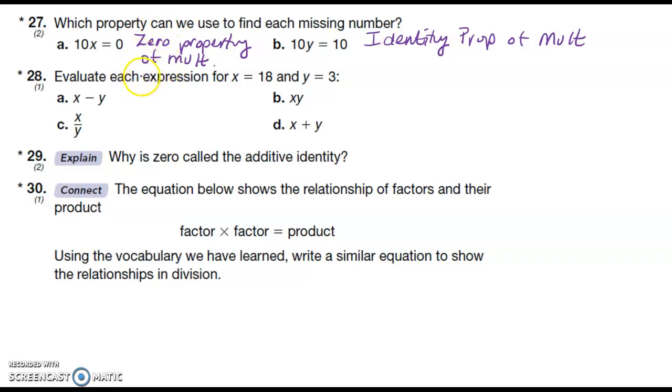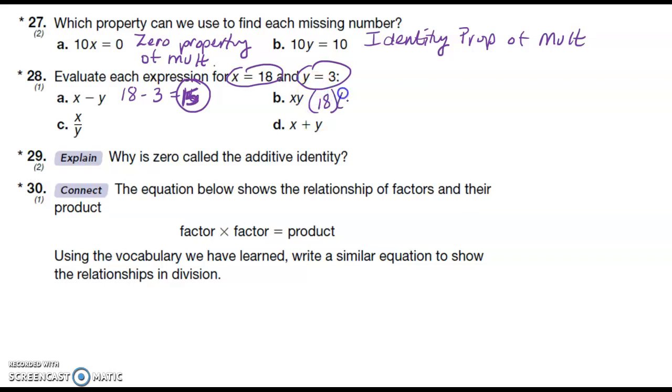Okay. This says evaluate each expression for x equals 18 and y equals 3. So in A, I have 18 minus 3 is 16. Wait, no, 15. My bad, sorry. Here, this is x times y because there's no operation there.